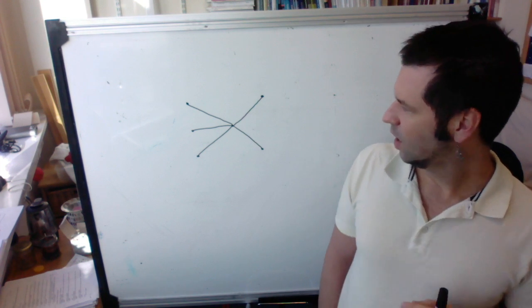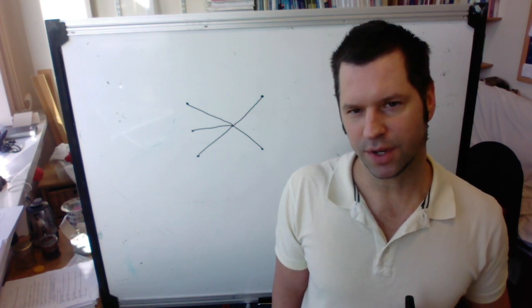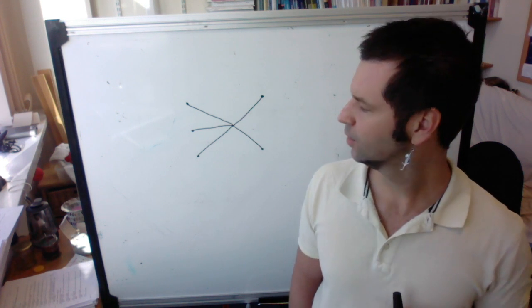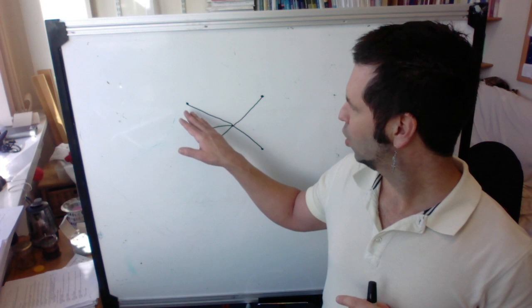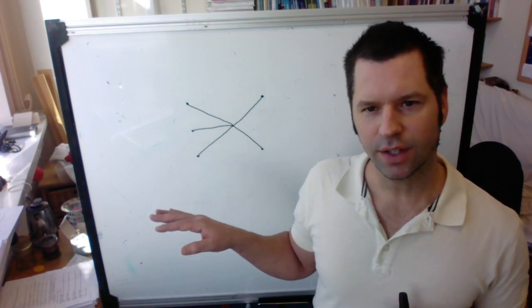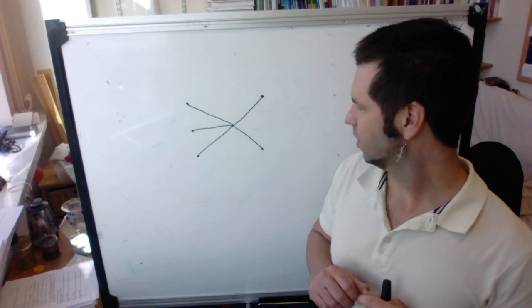And the edges are straight, or they're supposed to be straight. Now this is called an undirected graph because there's no explicit directionality encoded in the edges.